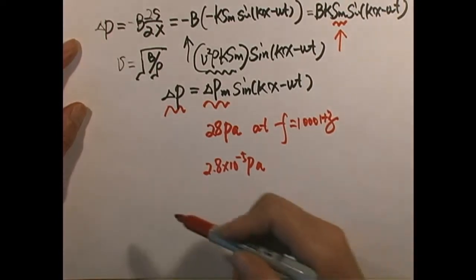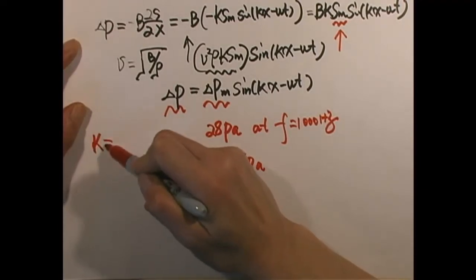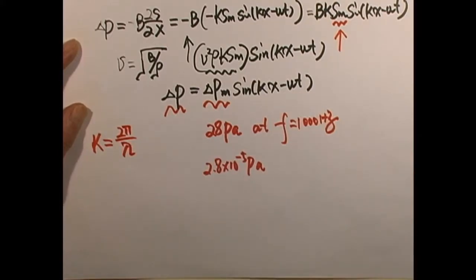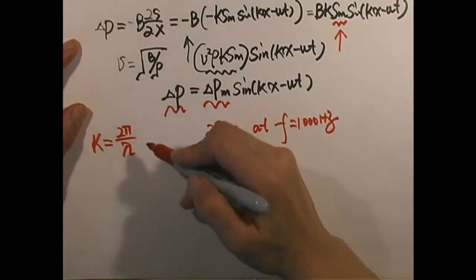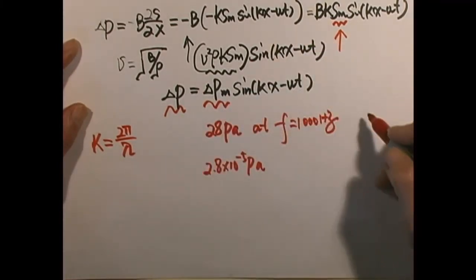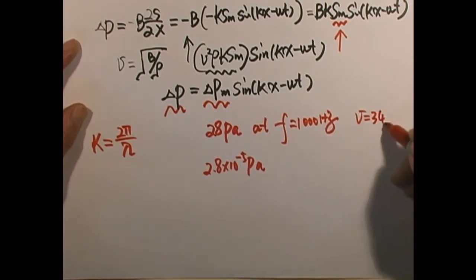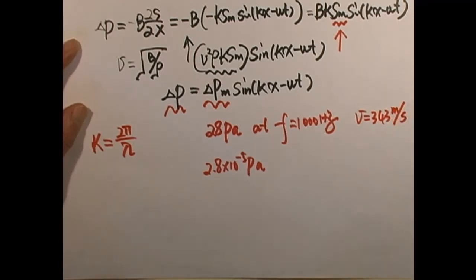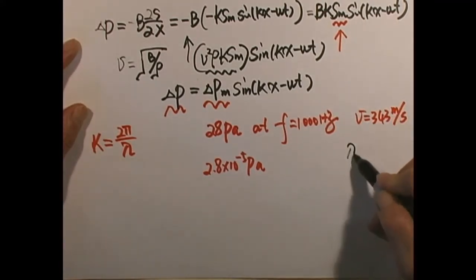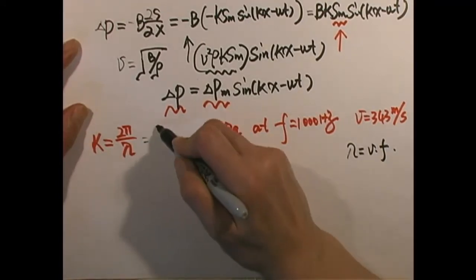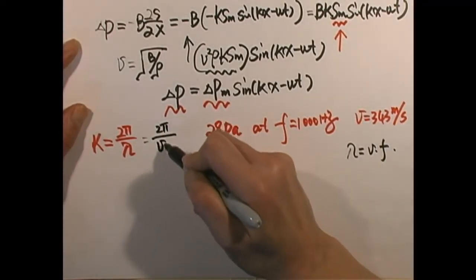Since the wave number k is 2 pi over lambda, we can calculate k because the frequency is given, and the speed of sound at room temperature is usually 343 meters per second.